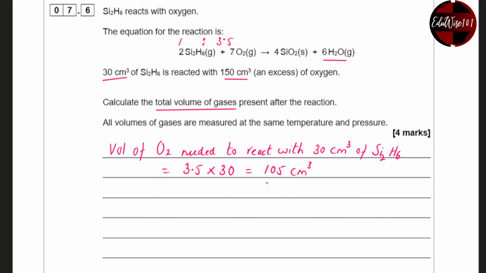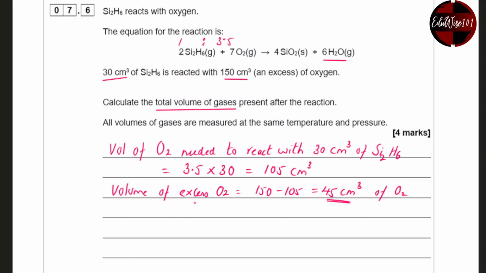So you will need 105 centimeter cube of oxygen. What you have is 150, so the volume of excess oxygen is 150 minus 105, which will give you 45 centimeter cube. That's the volume of oxygen that you have left.